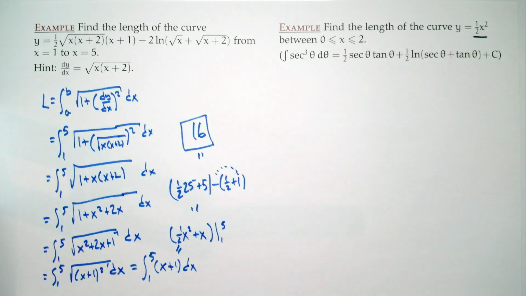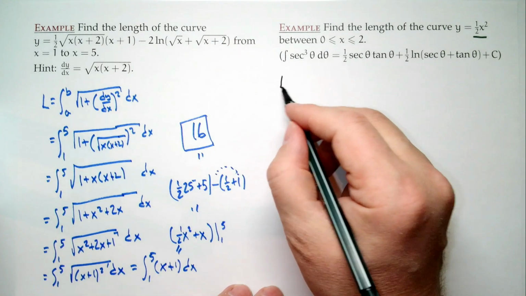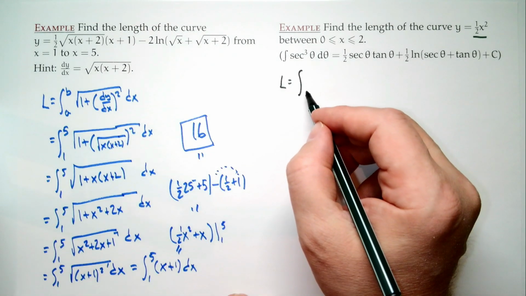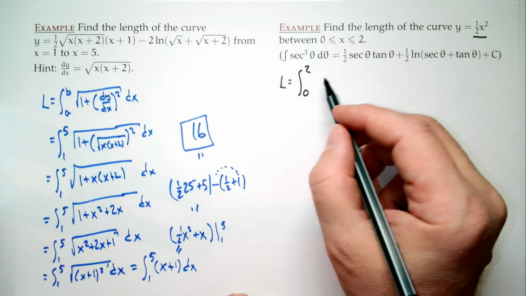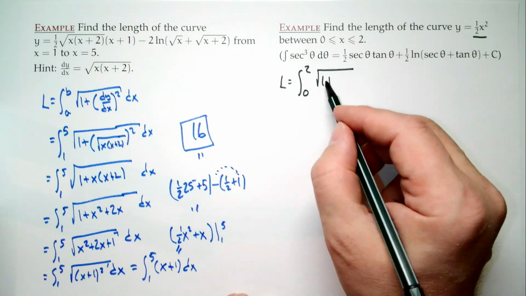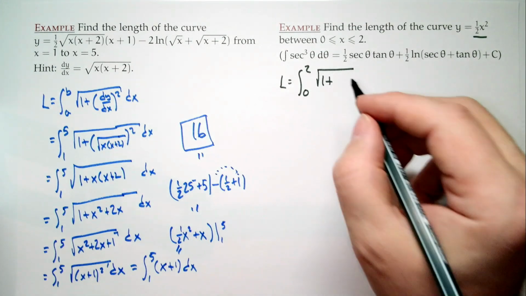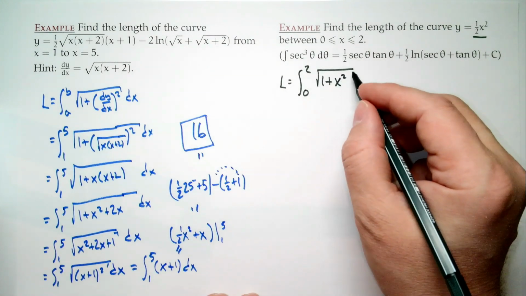All right. So, our length will be the integral. What are the bounds? 0 to 2. And then it's going to be the square root of 1 plus, let's work through the derivative. We can do this in our heads now. The derivative of 1/2 x squared will be x. And then we need to square it. So we have the square root of 1 plus x squared.